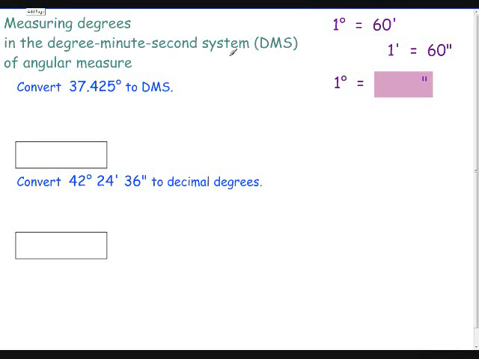And this is what it is: the degree, minute, second system. In every degree, here's 1 degree, there are 60 minutes. In every minute, there are 60 seconds. Doesn't this sound familiar? It ought to be pretty easy to remember because it's exactly the same terminology and subdivisions that we use when we're talking about time.